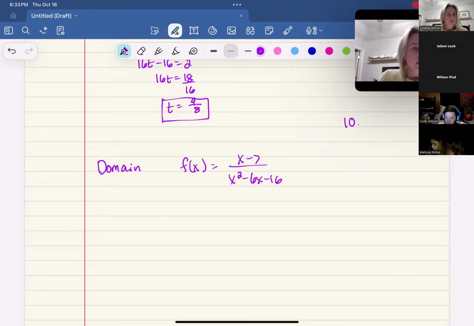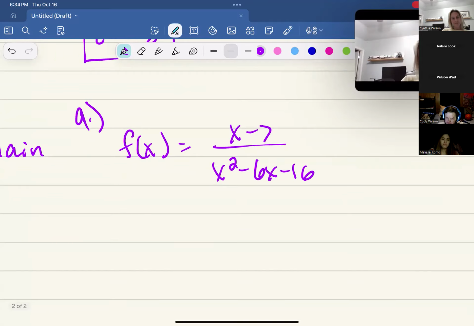Let's see. Domain. So I think that one is number 9. There's a couple different versions of that problem, unless it was from a homework assignment.